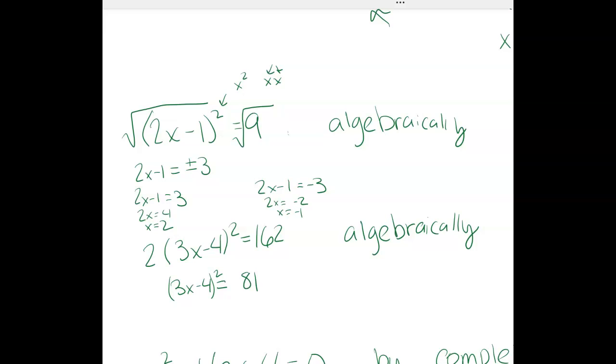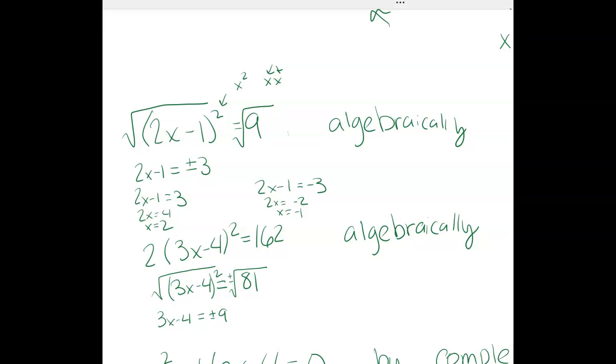And now I've got that quantity squared all by itself, so again, I'm going to take the square root. Since I am putting in that square root myself, I have to account for those two answers by putting a plus or a minus. It's what a lot of us will forget. So I should have 3x minus 4 is now equal to plus or minus 9.